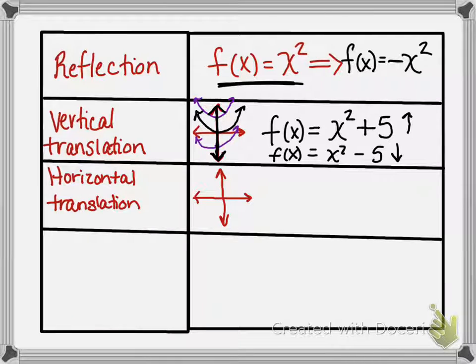So on this, let me draw kind of a picture. I might have my parent function. Here it is. If I'm going to shift it horizontally, I might shift it over here. That would be a horizontal shift to the right. I could do a horizontal shift over here to the left, and this would be a left shift.